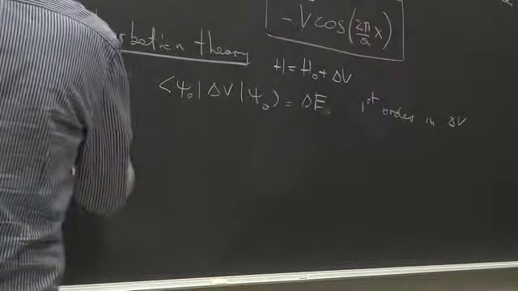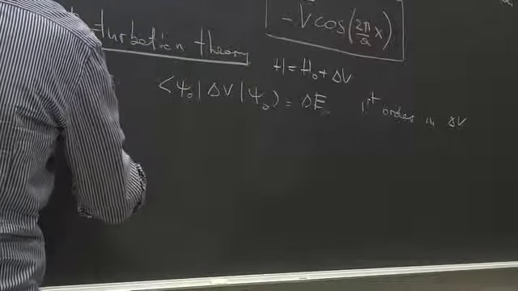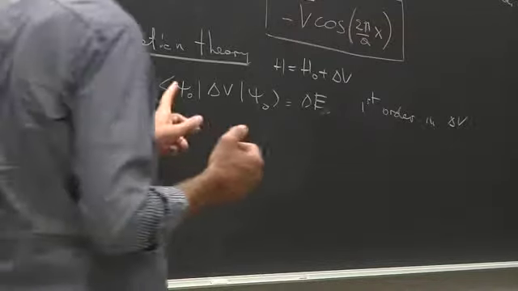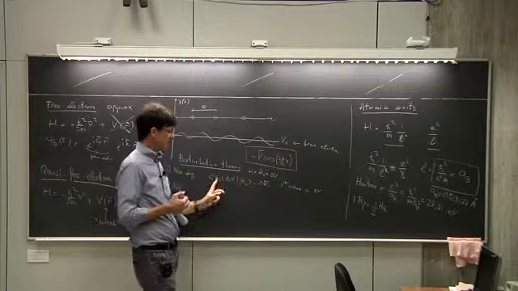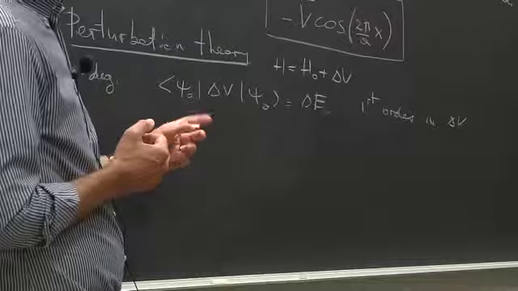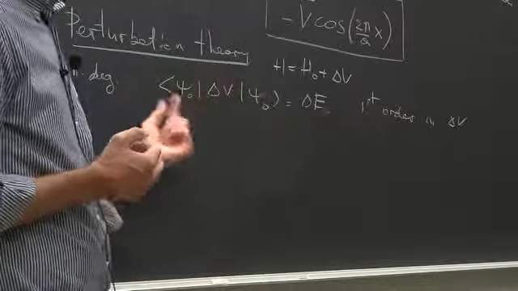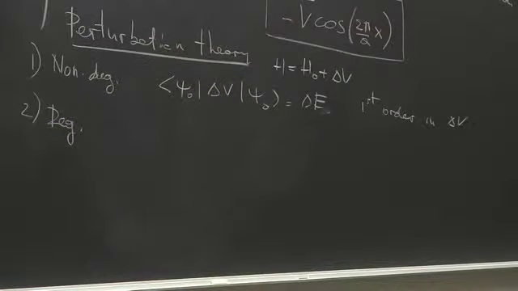For degenerate states, it's a bit more complicated, because for degenerate states, if you are within a degenerate manifold, 2, 3, 4, n degenerate states, that is states with the same energy, it's not enough to just apply this rule, but you have to construct a matrix of delta V with all the wave functions that are inside that degenerate manifold.